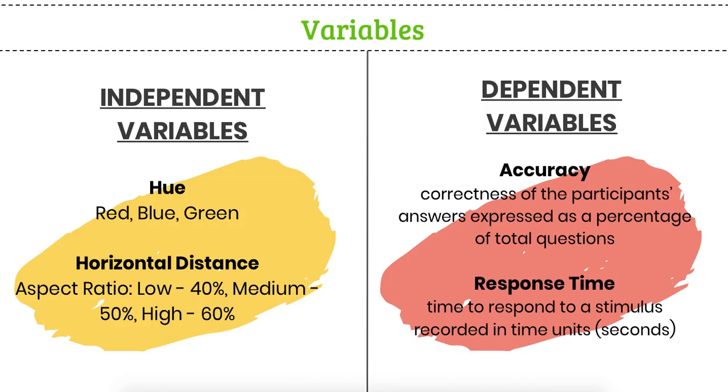For the dependent variables, we considered two because these two measures are usually employed in identifying whether a graph is good or not: accuracy, whether participants can accurately determine the meaning of the graph, and the response time, which is the time to answer the graph question.